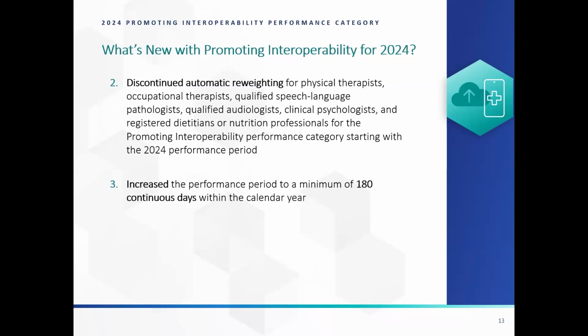The only type of clinician that we are currently reweighting are the clinical social workers. Now there's no automatic reweighting available, but if you are having difficulties and you're one of these types, you should look at our hardship exception types to see if one of them fits your situation. Also, as I mentioned earlier, we used to have a performance period of 90 days, but now it is a minimum of 180 days. Next slide, please.